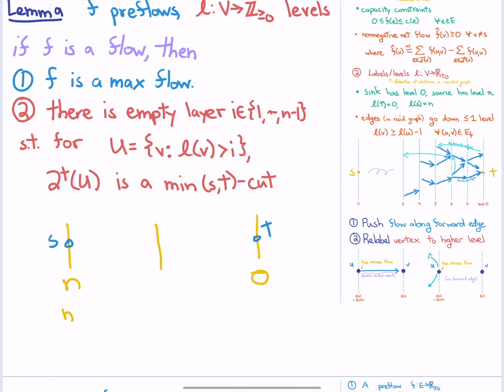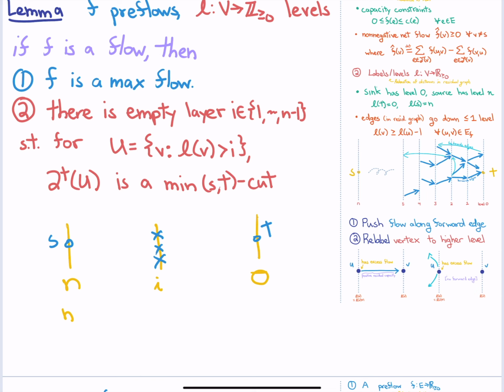There must be some layer that doesn't have any vertex in it, as some index i. There must be an empty layer in the middle because there's n minus 1 layers in the middle and there's only n minus 2 vertices out there, okay?